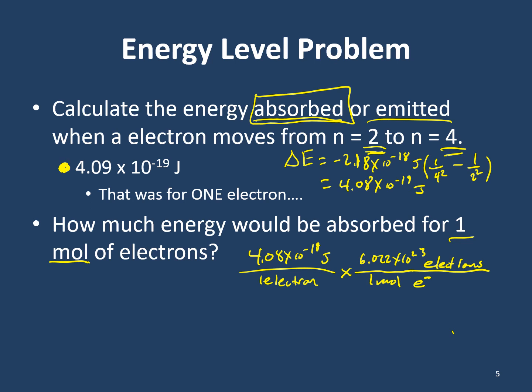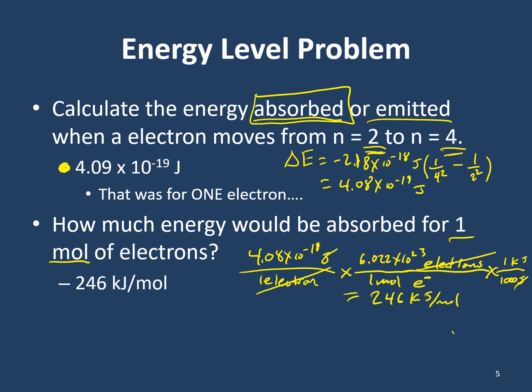I'm going to just use the symbol for an electron, e minus. I can calculate, right? Moles of electrons cancel. We're in joules per mole. I'm also going to convert this to kilojoules because it's going to be a large value. So there are 1,000 joules in 1 kilojoule here, and our joules will cancel and we'll be left with kilojoules. So let's calculate that. You should get about 246 kilojoules per mole of energy would be required to move a mole of electrons from energy level 2 to energy level 4.